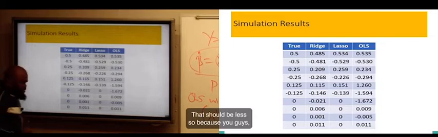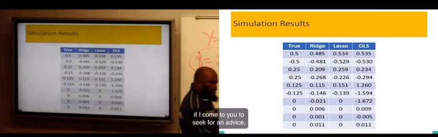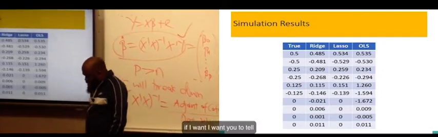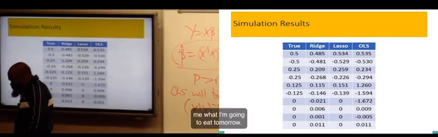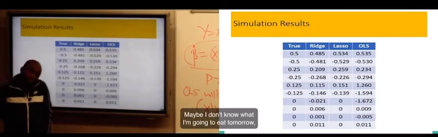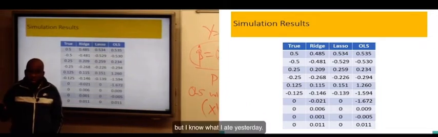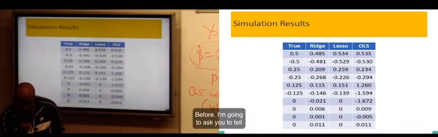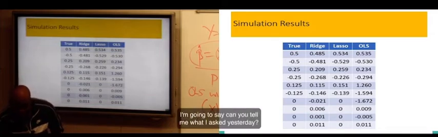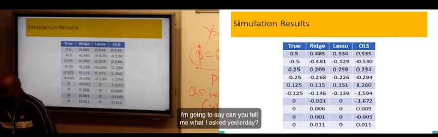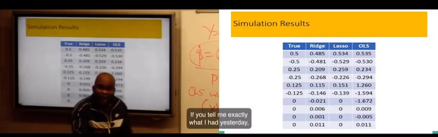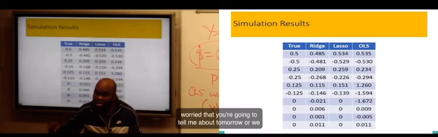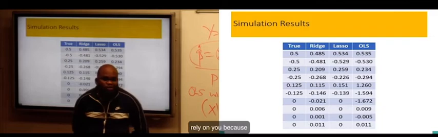Because, take a look at this. If I come to you to seek advice, to tell me what I'm going to eat tomorrow, maybe I don't know what I'm going to eat tomorrow, but I know what I ate yesterday. Before I ask you to tell me what I'm going to eat tomorrow, I'm going to say, can you tell me what I ate yesterday? If you tell me exactly what I ate yesterday, whatever you tell me about tomorrow, I will rely on you.